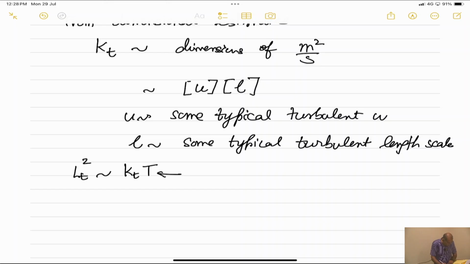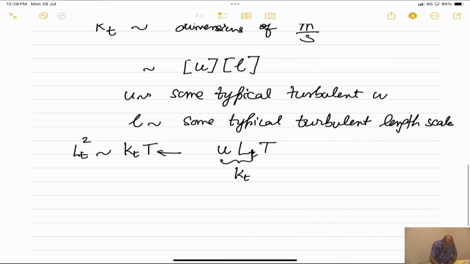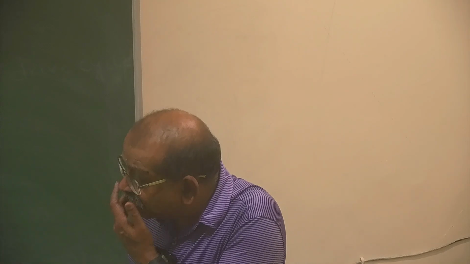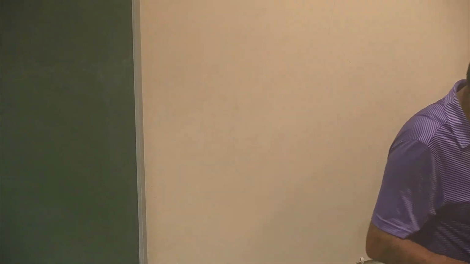we can replace it. So first let us write this KT as u times LT times T. This is KT. And the turbulent length scale will be u times T. Basically, the time scale is given to us in this problem. The time scale is coming from the frequency, and we are trying to determine what is u.